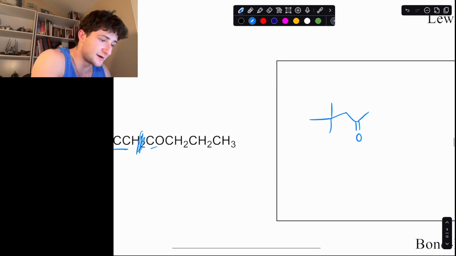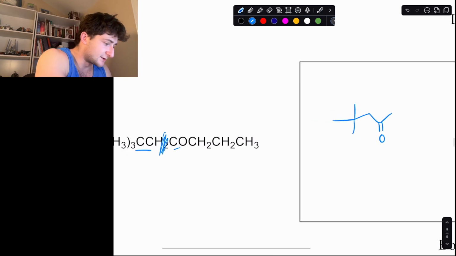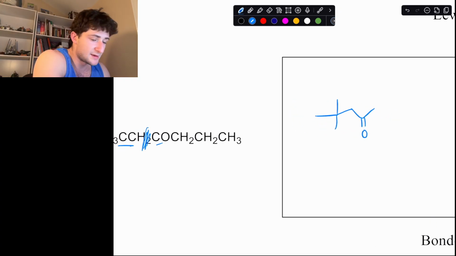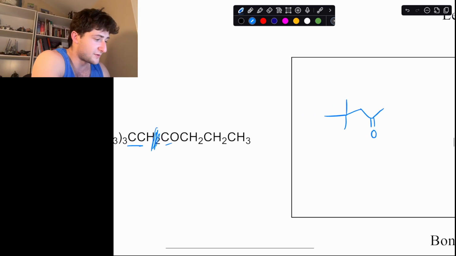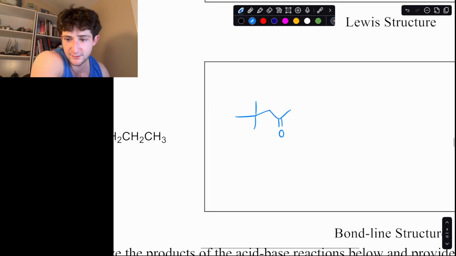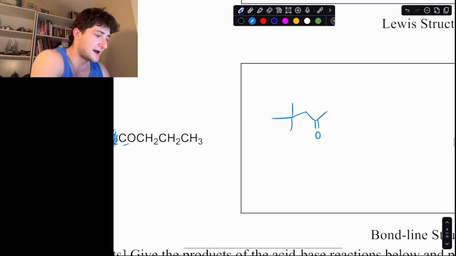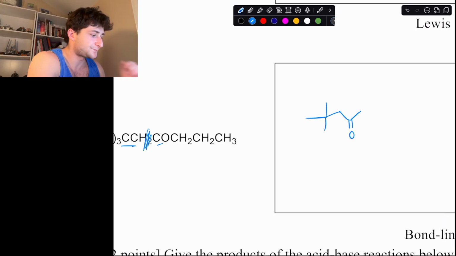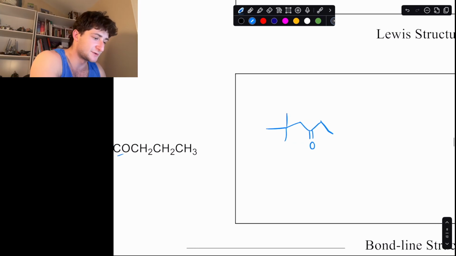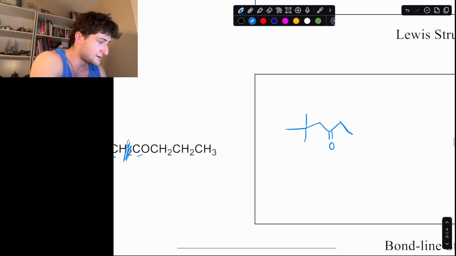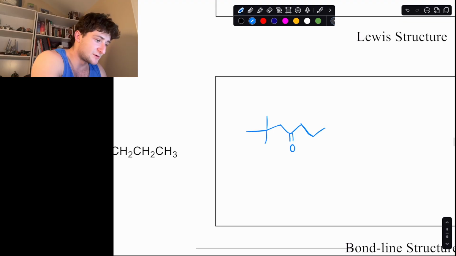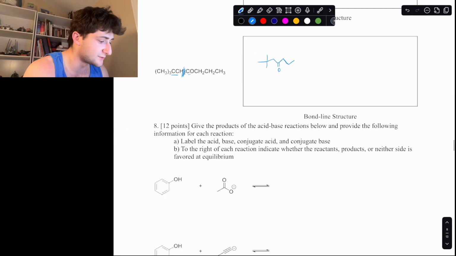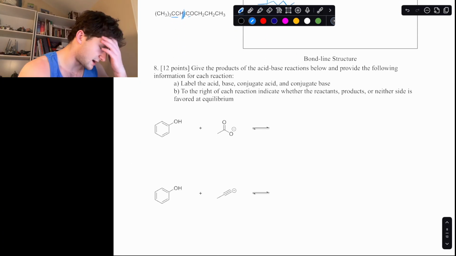No, because it's a single carbon with no hydrogens, and it's an oxygen, and in order for there to be no hydrogens when bonded to the oxygen, it would need to have the double bond there. Okay, then another CH2, which looks like that, as we saw before. Then another CH2, and a CH3. Bang, there it is. There's your molecule. Yeah. Alright.